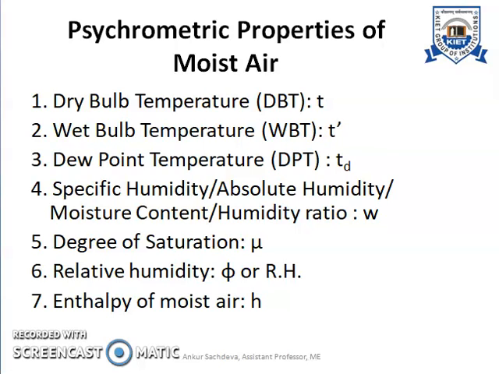The next important property is relative humidity, denoted by the symbol phi, or it can also be written as RH. Finally, the last property is enthalpy of moist air, represented by the symbol small h.